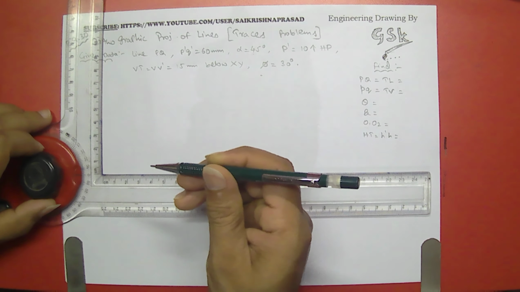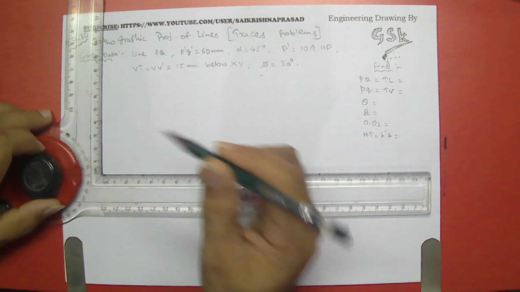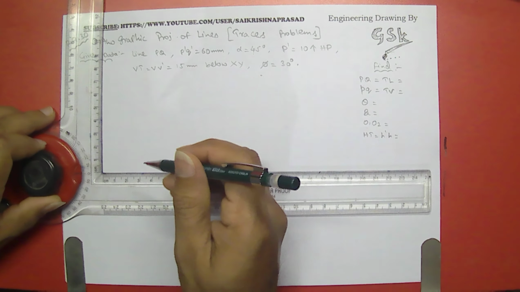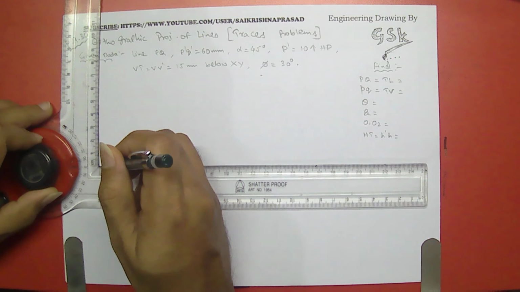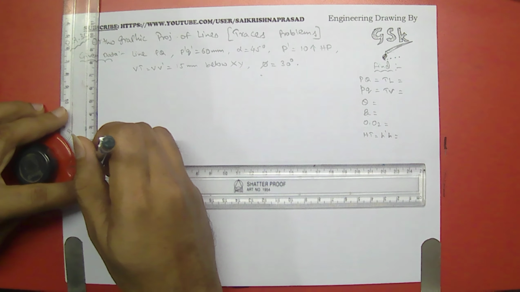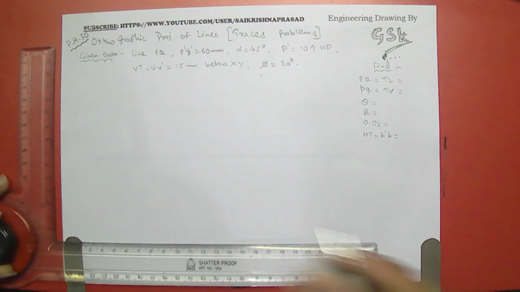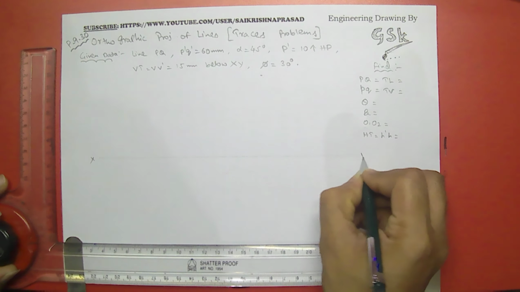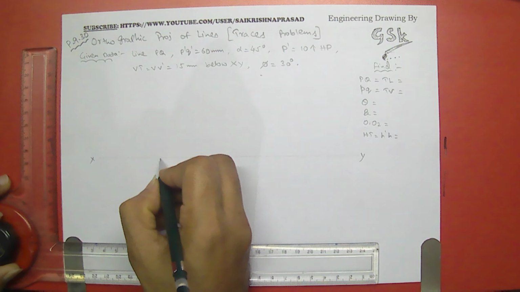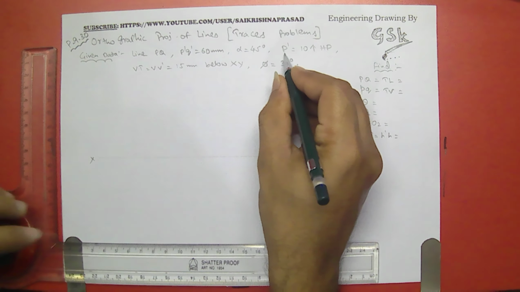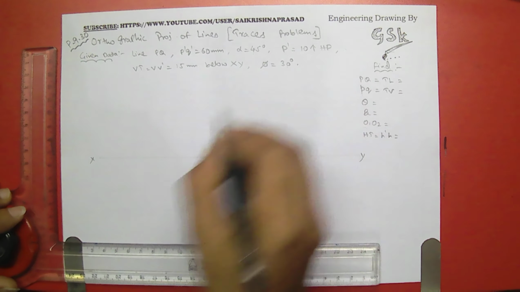I am using a 0.9 mm HP lead pencil, so I can draw light lines and dark lines with this. Reference line XY, and I'll locate the position of P, because P dash is given 10 mm above the HP.